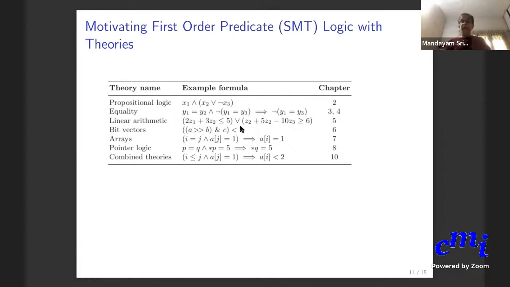SMT solvers can decide satisfiability of arbitrary Boolean combinations of atomic formulas, such as linear inequality formulas over arithmetic types. For example, LP solvers are able to handle linear conjunctions of arithmetic formulas.